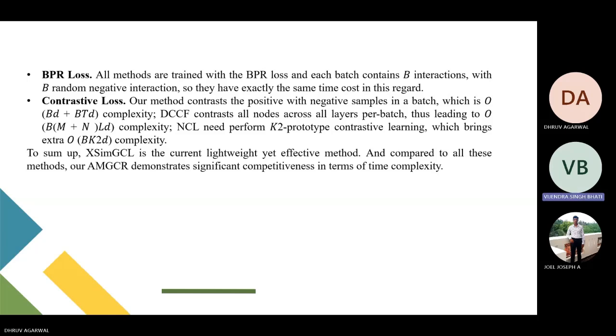DCCF contrasts all the nodes across layers per batch, which has order of B times M plus N times LD, and NCL, which employs K-square prototype contrastive learning, adds an overhead of BK square D complexity. While XSimGCL is lightweight and effective, AMGCR stands out in terms of time efficiency and competitiveness across these methods.